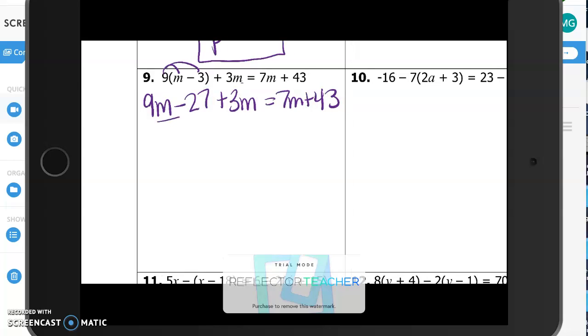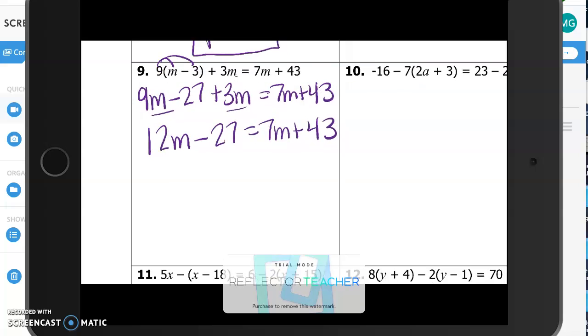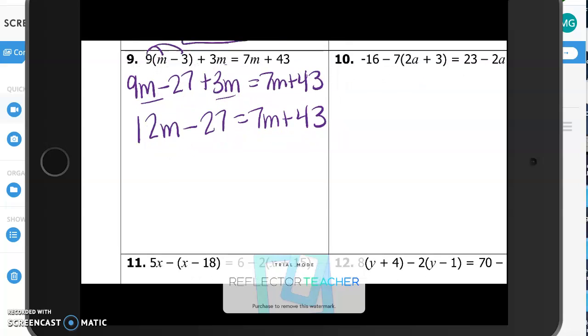All right, 9m plus 3m. We don't subtract 3m from 9m. We have to do what it says because they're both on the left-hand side. So 12m minus 27 is equal to 7m plus 43. So you combine them first the way that it says. Now, since I need to move them from side to side, I need to do the opposite. So I would subtract 7m.